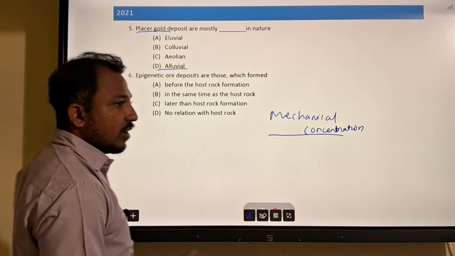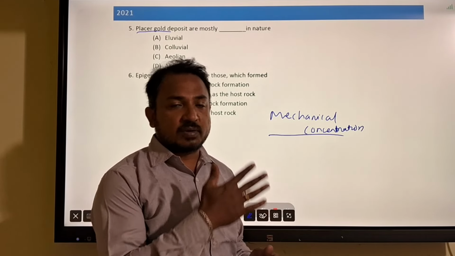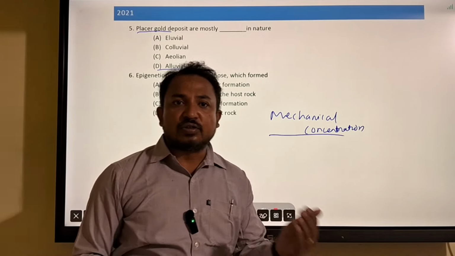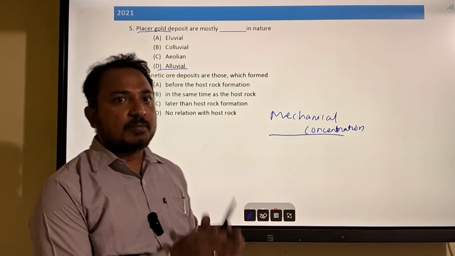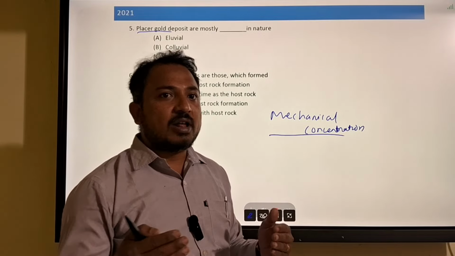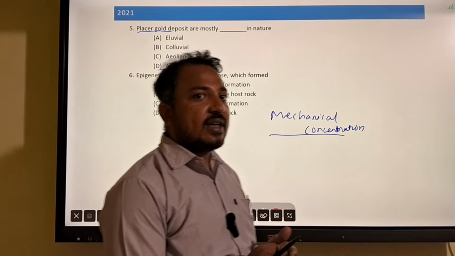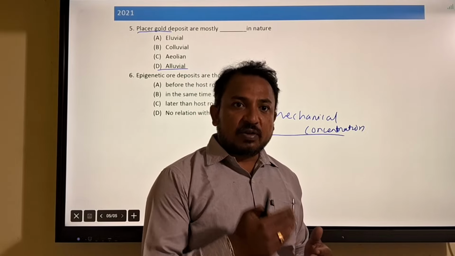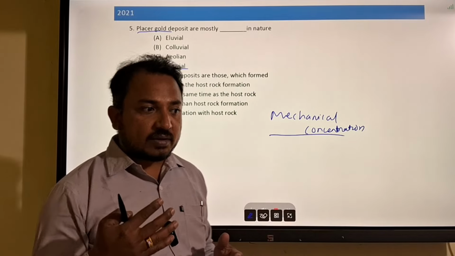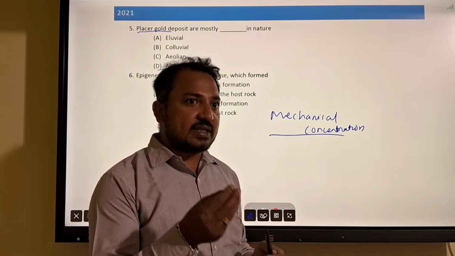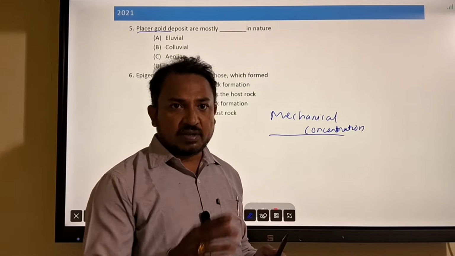Suppose a river is flowing in a mountainous region, and when it enters the plain land, it gives deposition at the foothill of the mountain, which we call an alluvial fan. In any place where the velocity of the erosional agent decreases, it will deposit some heavier things.